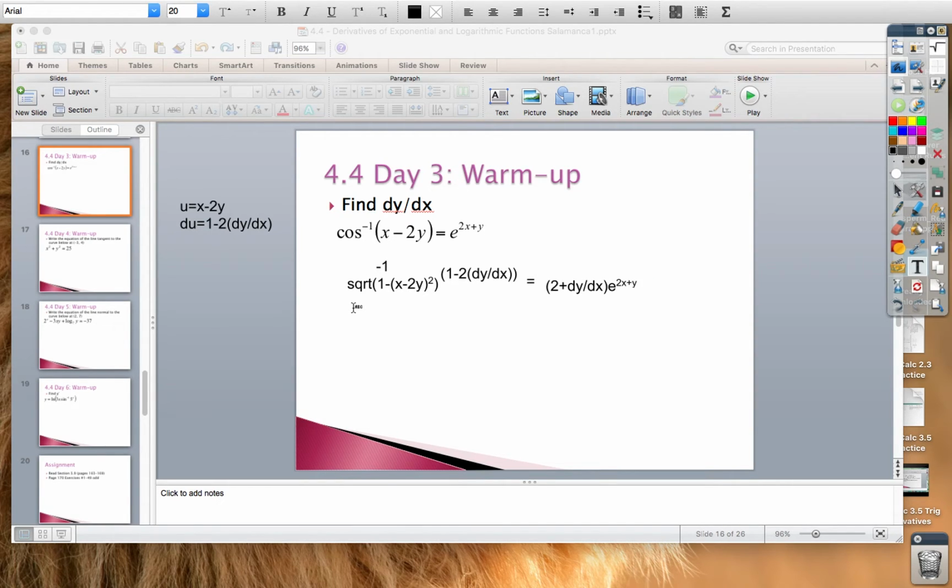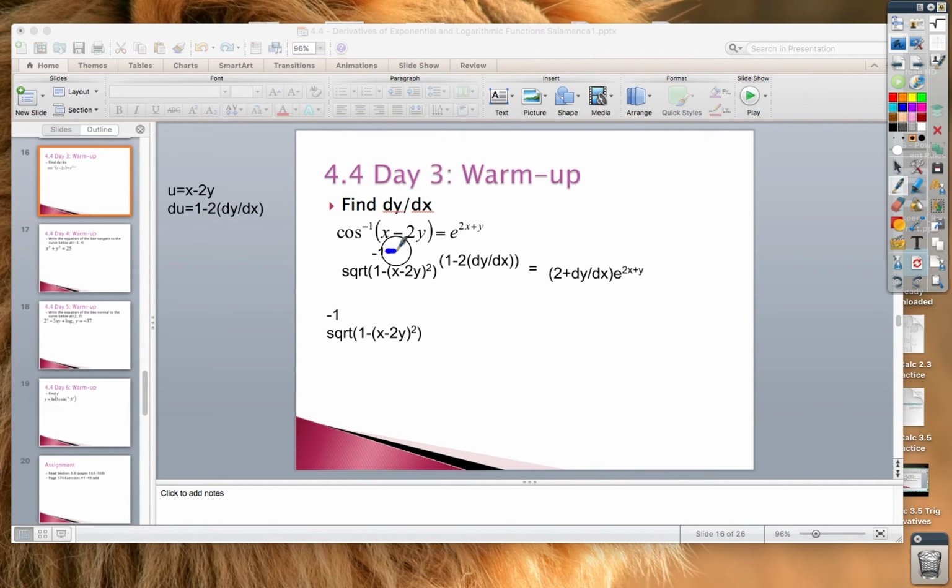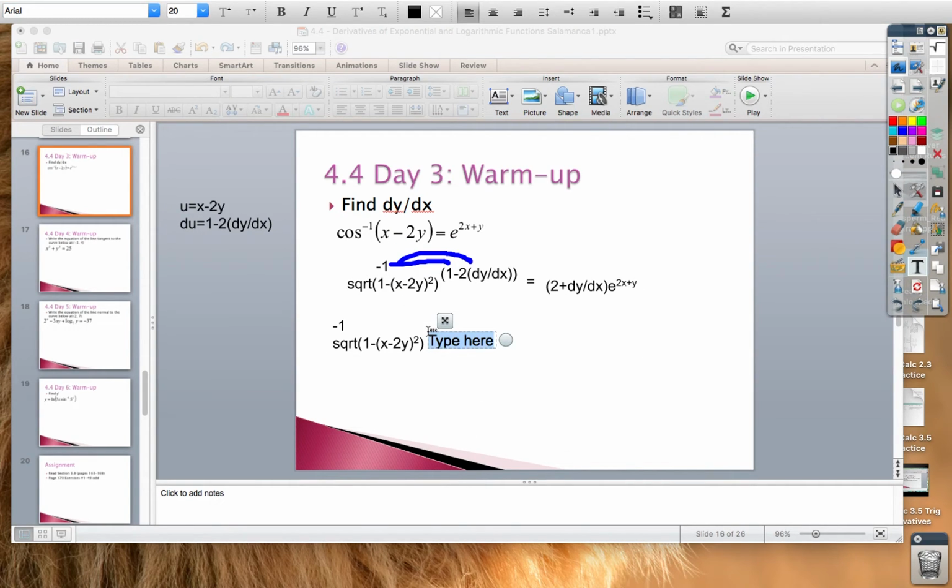And now what we're going to do here is distribute this, so that way we can separate it from the dy/dx. We're going to be left with negative 1 divided by the square root of 1 minus x minus 2y squared. So that's when we distribute this to the 1, and we're going to now do it to the minus 2 dy/dx. So we're going to be left with plus 2.